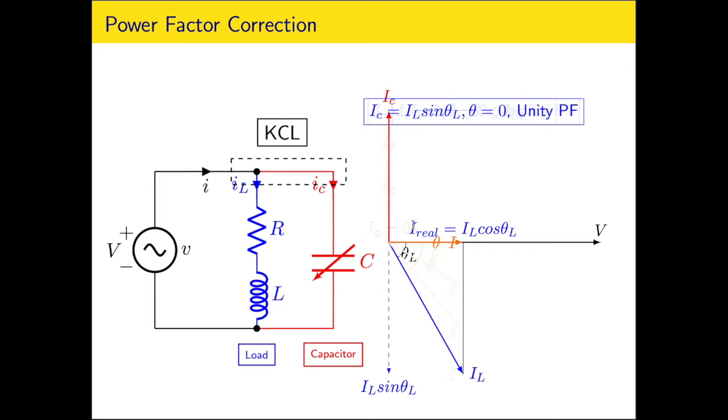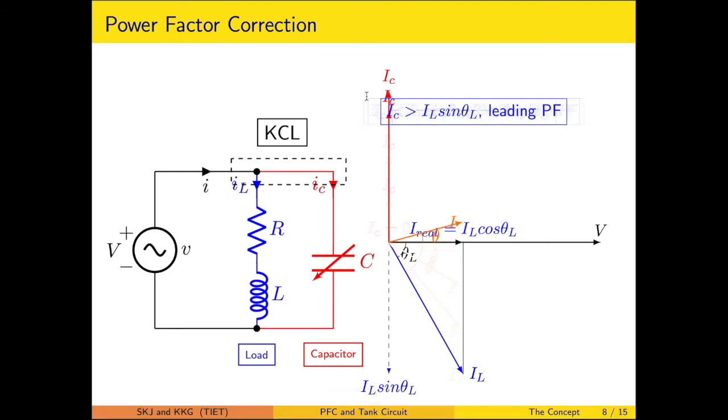So here I real, which is IL cosine of theta L, will be exactly equal to the source current. So theta 0 is unity power factor operation, but please be mindful that this unity power factor operation is achieved when we have adjusted the compensation level.